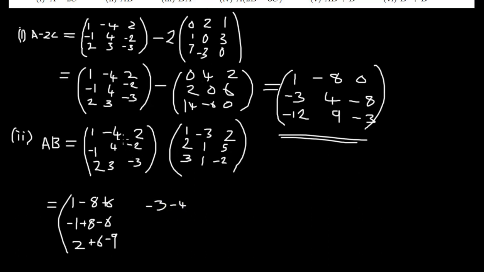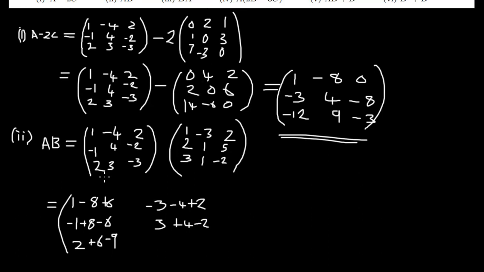And then 2 times 1, you get 2. So negative 1 times 3, you get positive 3. Then 4 times 1, you get positive 4. Then negative 2 times 1, you get negative 2.